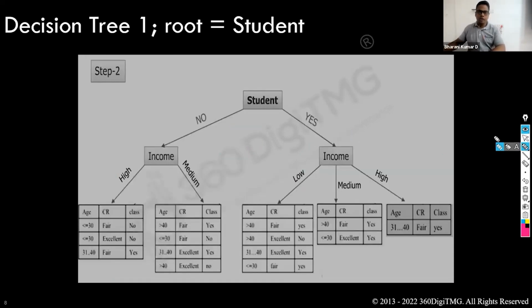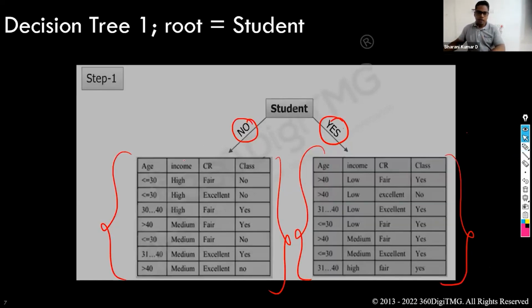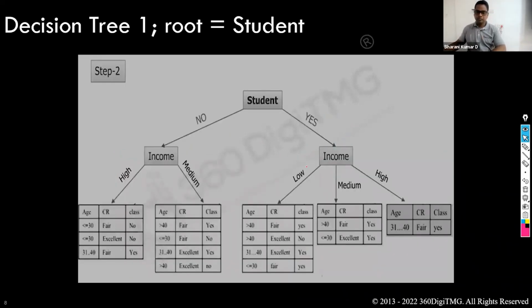And this time we are choosing income. If you look at income, income has high and medium, only 2 levels. Whereas here income has low, medium and high, 3 levels. Low, medium, high, high and medium. Okay, and then you split it.